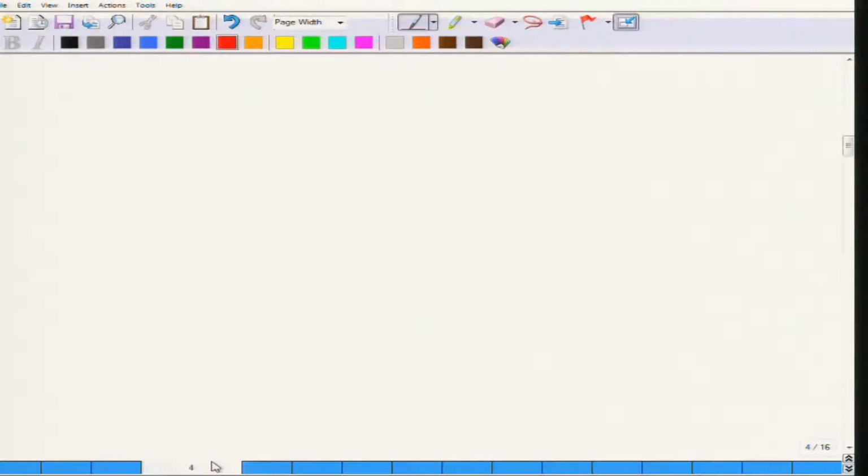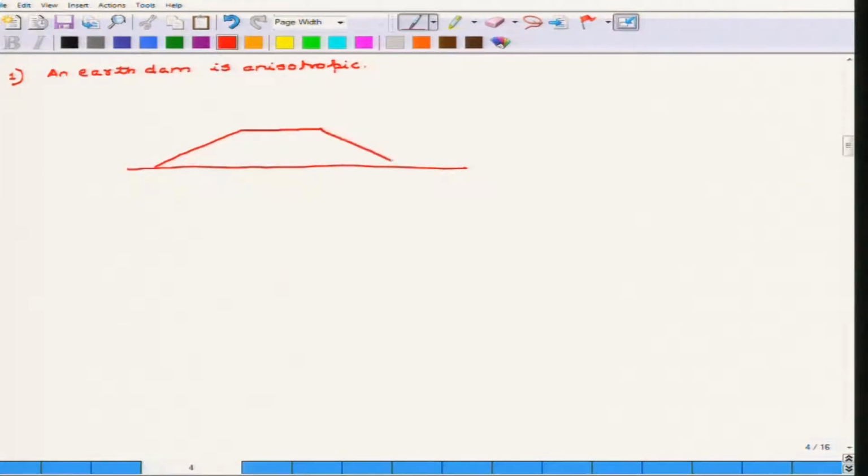Now let us consider this problem at a more advanced level. So here the problem is given to you as an earth dam that is anisotropic. The figure for this earth dam is actually given. This slope is given as 1:2.5, and this slope is given as 1:2.5.